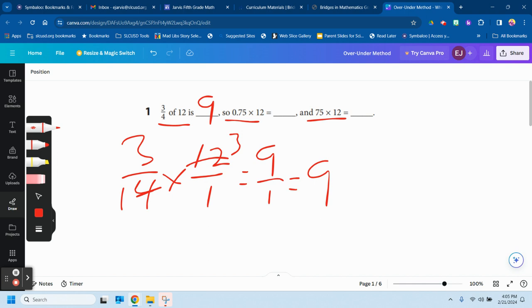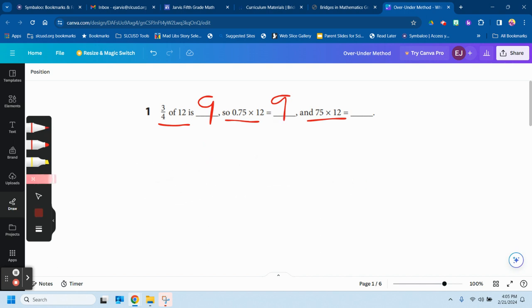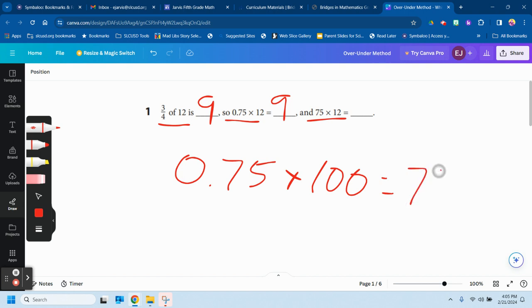All right. So 0.75 is the same as 3/4. So that's also going to be 9. Now 75 is 100 times greater than 0.75. In other words, 0.75 times 100 equals 75. And to do this, you're just moving the decimal 2 times to the right because there are 2 places here.